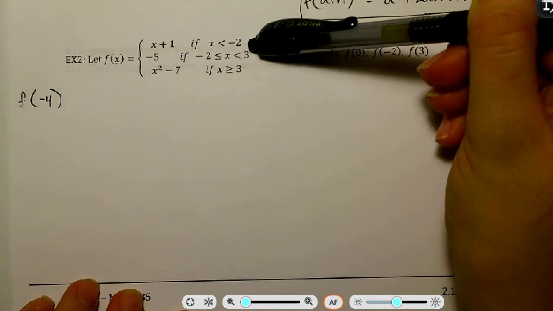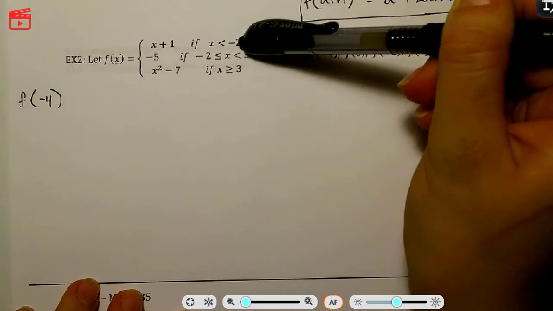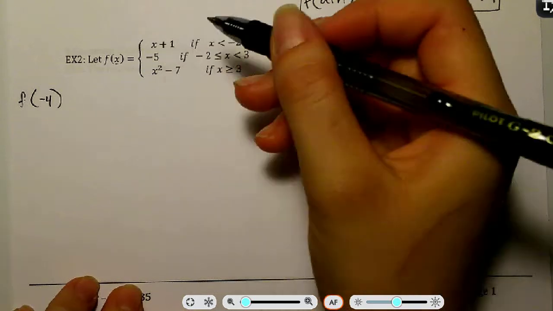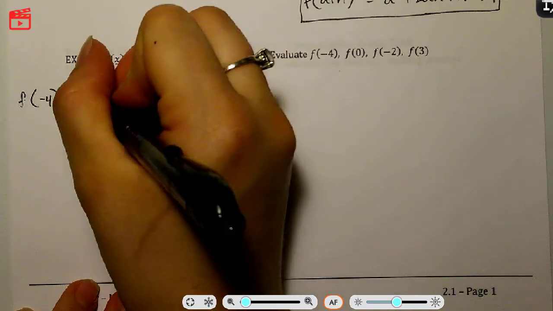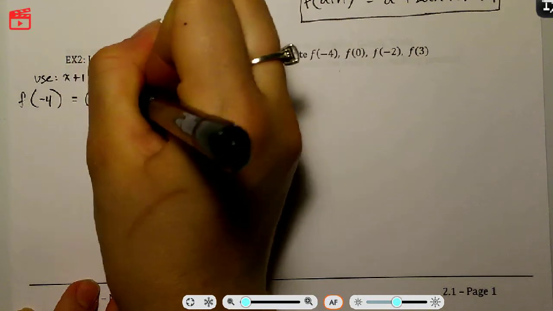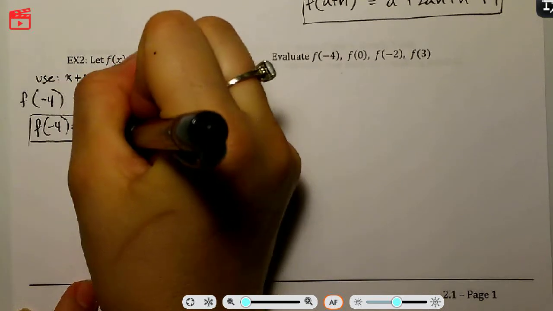Yeah. So, since negative 4 fits this category here, we're going to go ahead and use x plus 1, which means we take our input, negative 4, and we add 1 to it, which is going to be negative 3. So f of negative 4 equals negative 3.